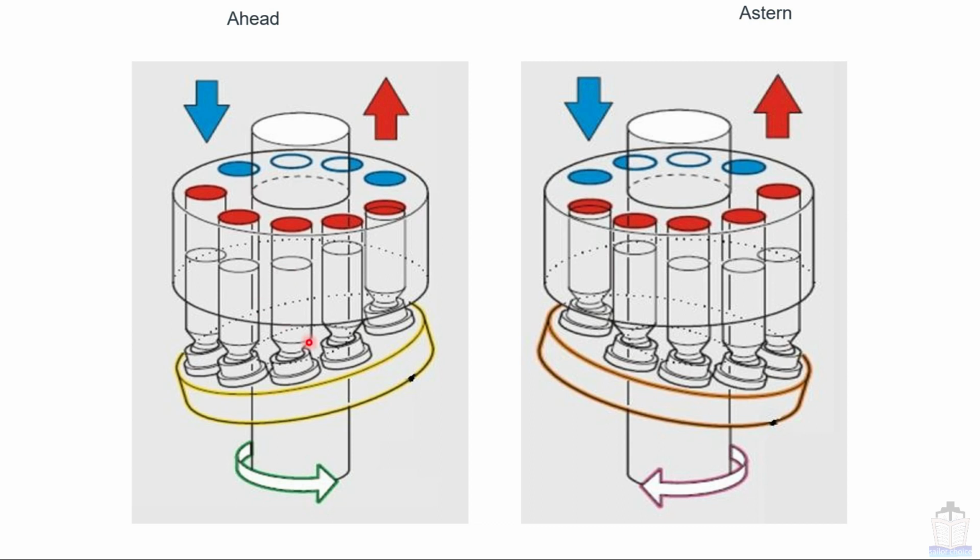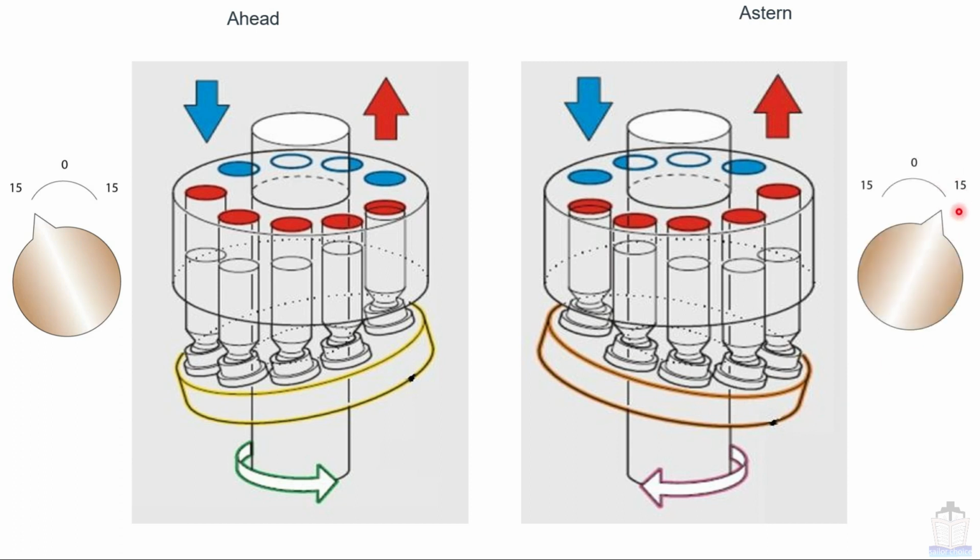So you can see in this picture, when the engine is running in ahead direction, the swash plate angle is like this. That means the swash plate is in ahead direction at maximum angle, and when the engine is running in astern, the swash plate changes and is in astern direction at maximum angle. So in this way the swash plate angle changes, and hence suction and discharge port remain the same.